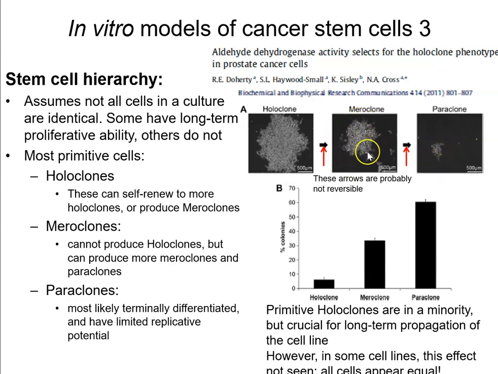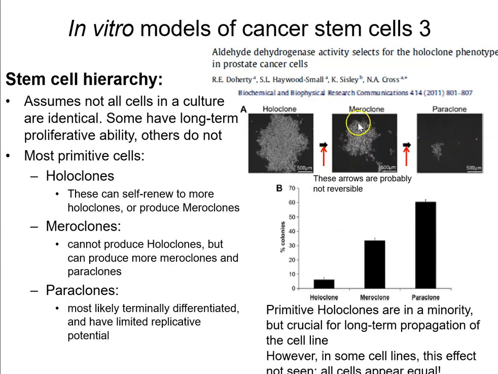Mericlones are cells that seem to settle and give rise to a decent sized colony, but they're nothing like as fast growing as holoclones. And importantly, if you take this population here that gives rise to this large aggressive colony, pick off these cells and plate them out into a new cell culture well, these will give rise to more holoclones, some mericlones and some paraclones.